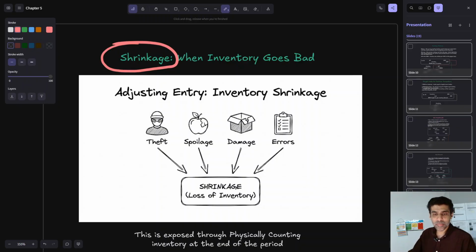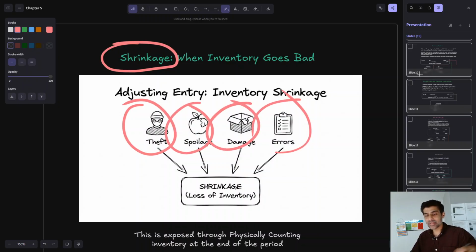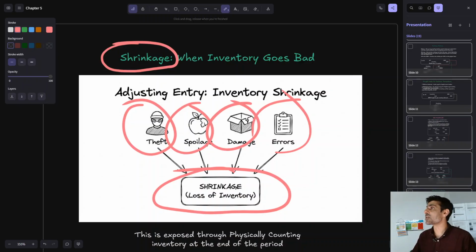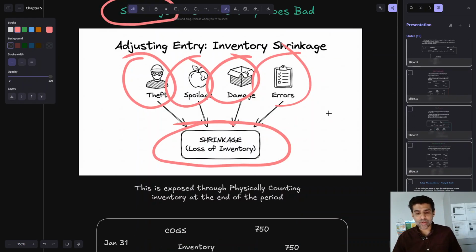But shrinkage is a term that has to do with all this stuff that happens to inventory: theft, spoilage, damage, errors. Okay, so all these things are going to get tossed into this blanket category of shrinkage, which is basically the loss of inventory for reasons other than selling it. The way that we find this out is through physically counting inventory.